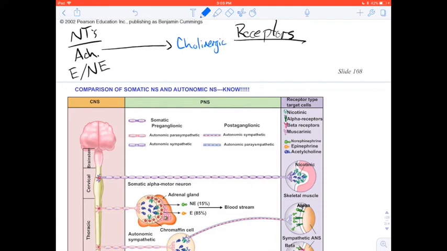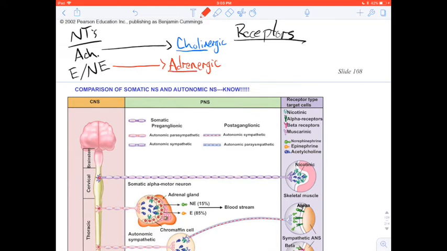Right? Choline for the acetylcholine, right? So it binds cholinergic receptors. Epinephrine and norepinephrine, also known as adrenaline, are going to bind adrenergic receptors. Right? Adrenaline, adrenergic receptors.